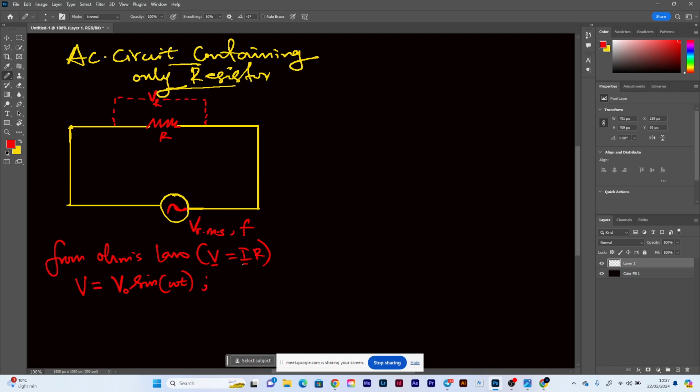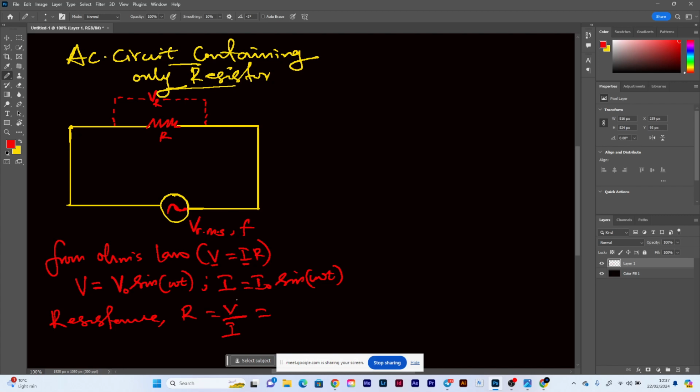And this I is equivalent to I naught sine omega t. Am I making sense? Yes, sir. Therefore, your resistance R is equal to V over I, isn't it?